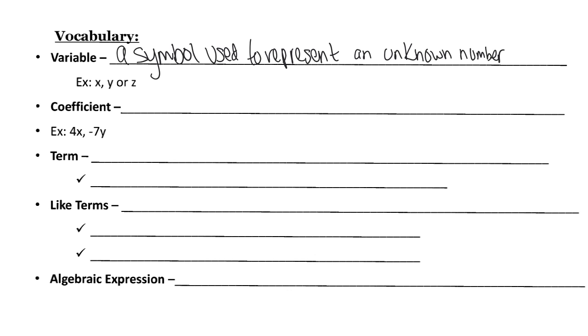That looks like X, Y, or Z, okay? Commonly you'll see X, Y, or Z, but it could be C or A or whatever letter of the alphabet that you want to use to represent an unknown number.